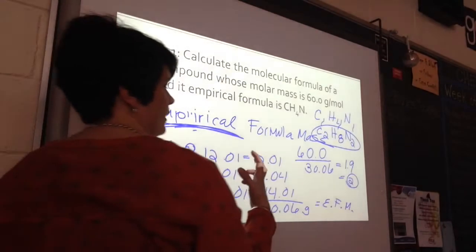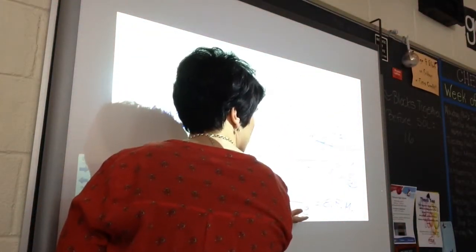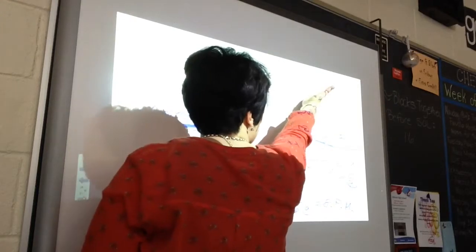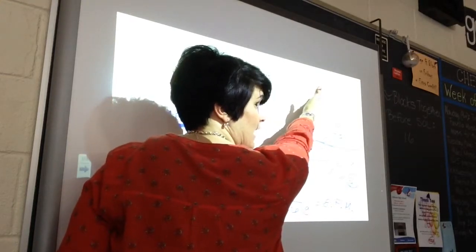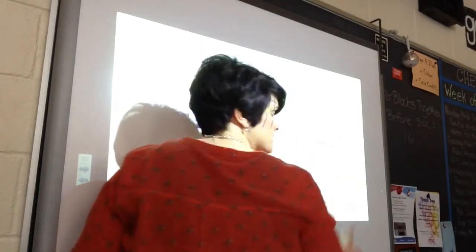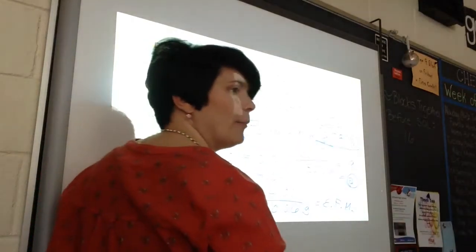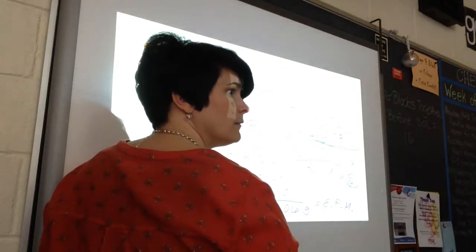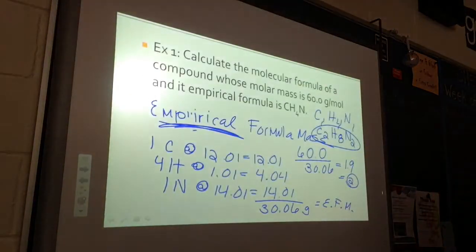All you have to do is take the empirical formula mass, figure out what it is, and figure out by what factor the one that they give you is larger. If it's a factor of 3, we would multiply all the subscripts by 3. If it's a factor of 9, we would multiply them all by 9. Yes? It's pretty straightforward. Okay?